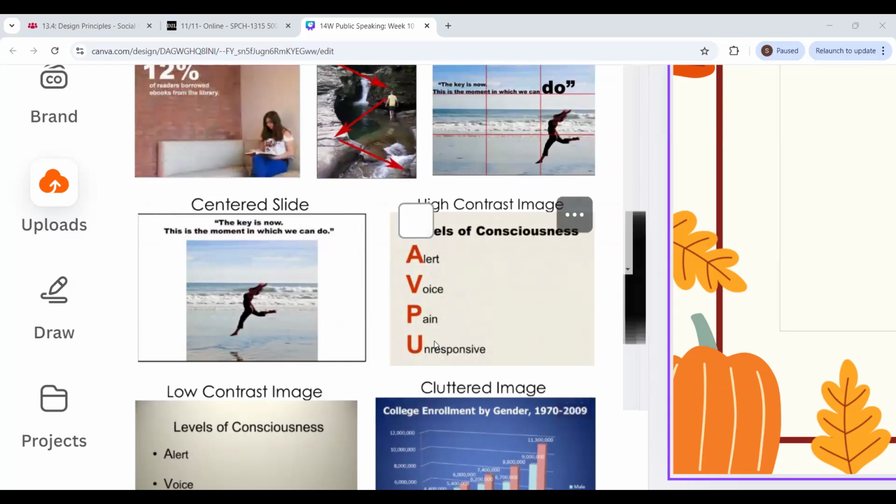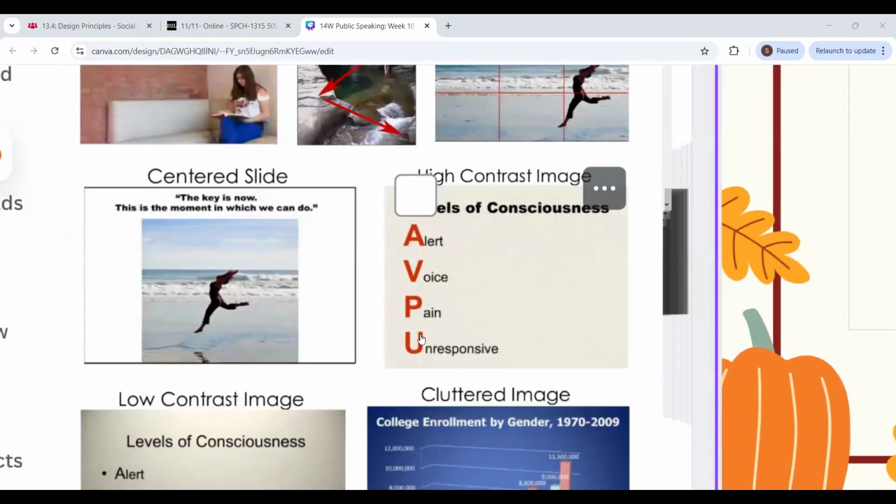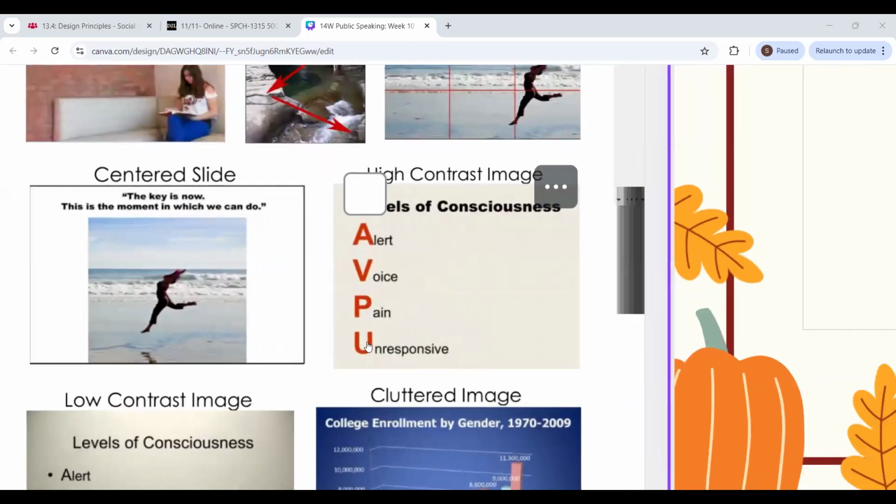Whereas a high contrast image, look at this. We have that AVPU: alert, voice, pain, unresponsive. We want the audience to remember these first letters, or this acronym, to take with them. And so we're making it super different from the words itself.